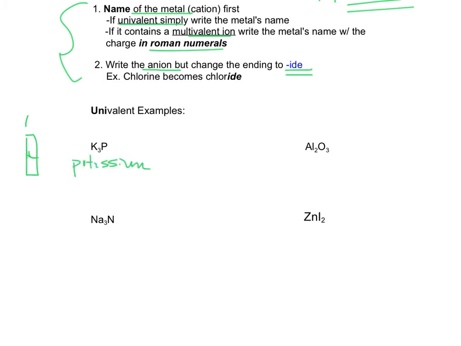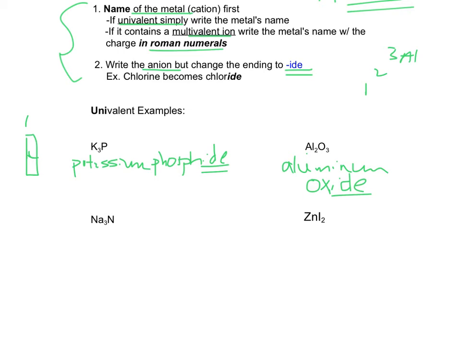And then P is phosphorus, and we'll change phosphorus to phosphide. Al2O3, aluminum, if you look where that is on the periodic table, it's in that 3-2-1 diagonal, so it is univalent. Aluminum's always 3. And then oxygen changes to oxide, aluminum oxide.